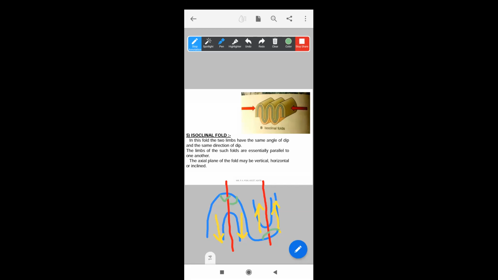In upper diagram also you can notice that the sides, that is the limbs of the dips, remain parallel to each other. Now what is another thing regarding the isoclinal fold? The axial plane of the fold may be vertical, horizontal or inclined.